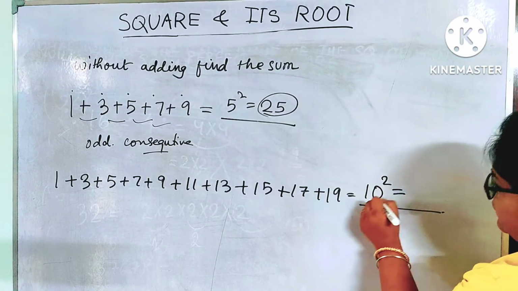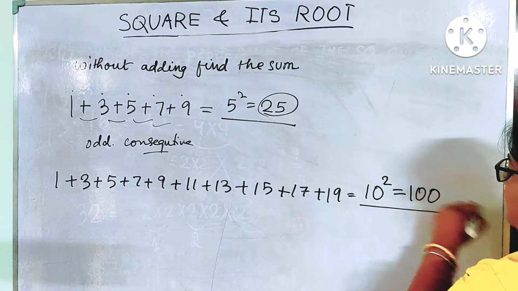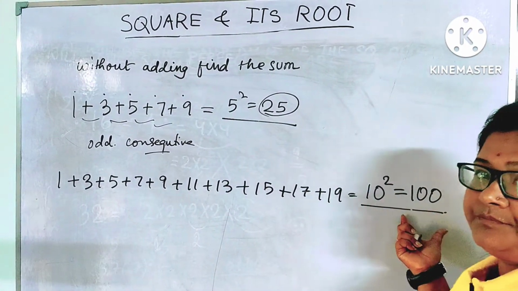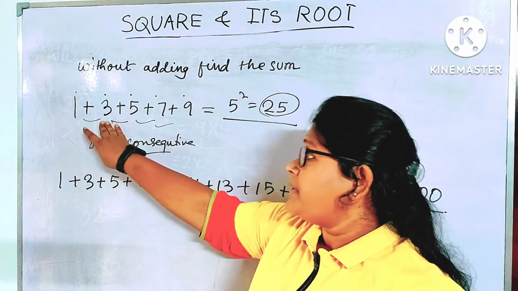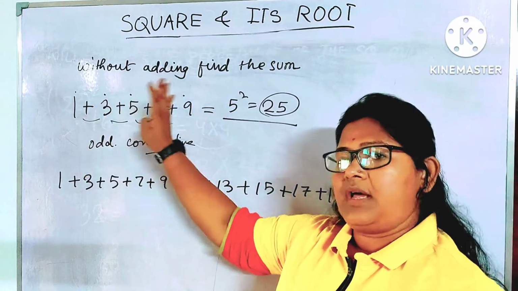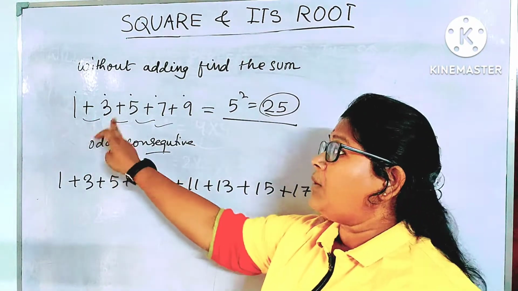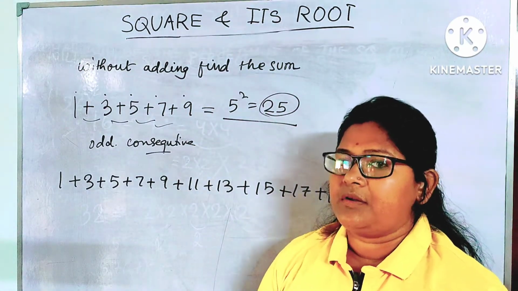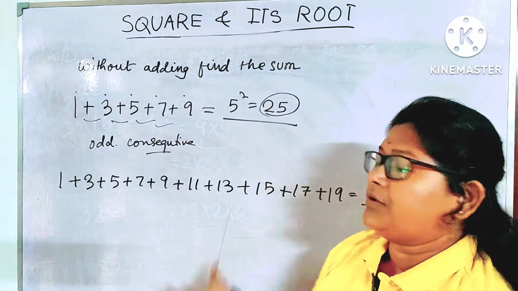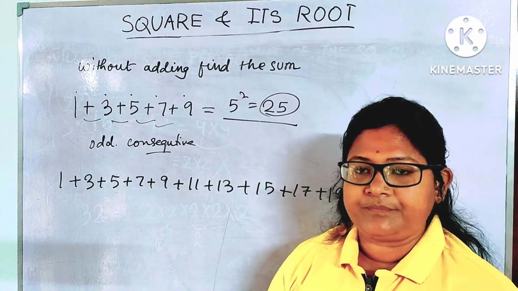So find the square of 10 and the addition will be 100. So if I get a sum whose numbers are odd and consecutive, I will count the number of numbers and find out its square. I will be able to find out the sum.